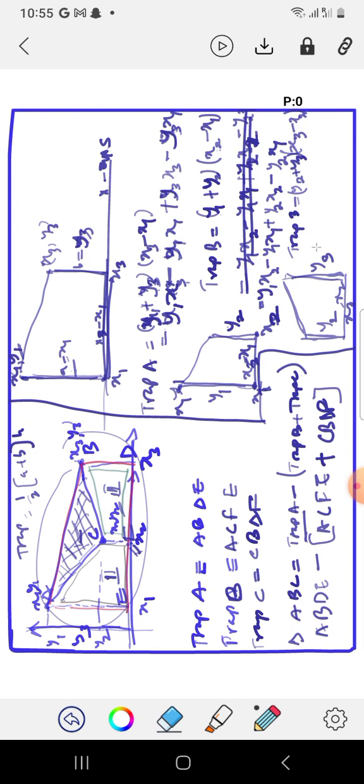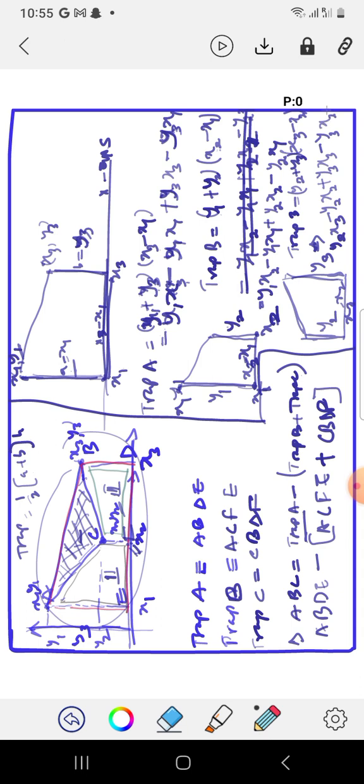So if you open this bracket now, it's going to give you y2 x3 minus y2 x2 plus y3 x3 minus y3 x2.